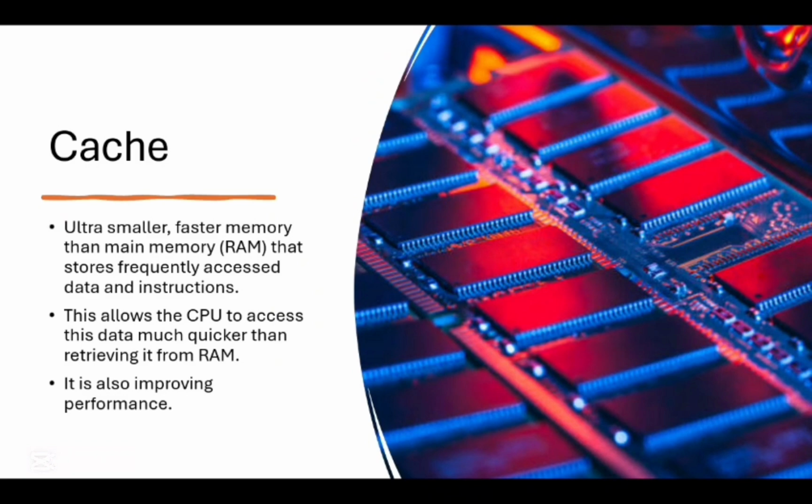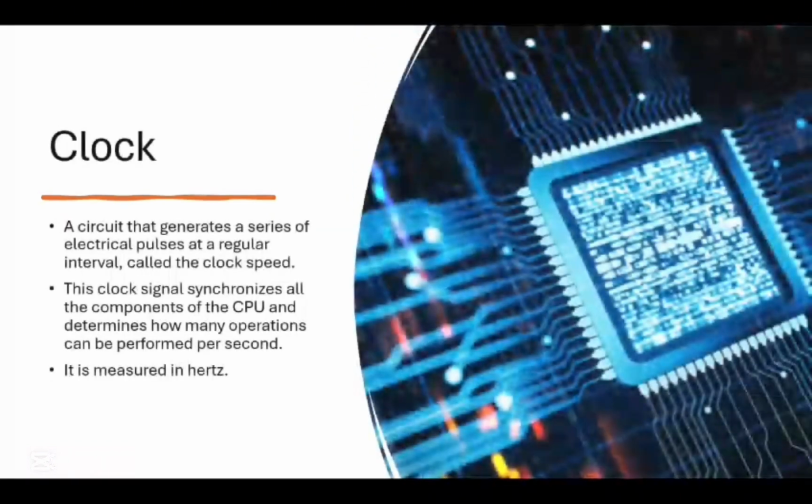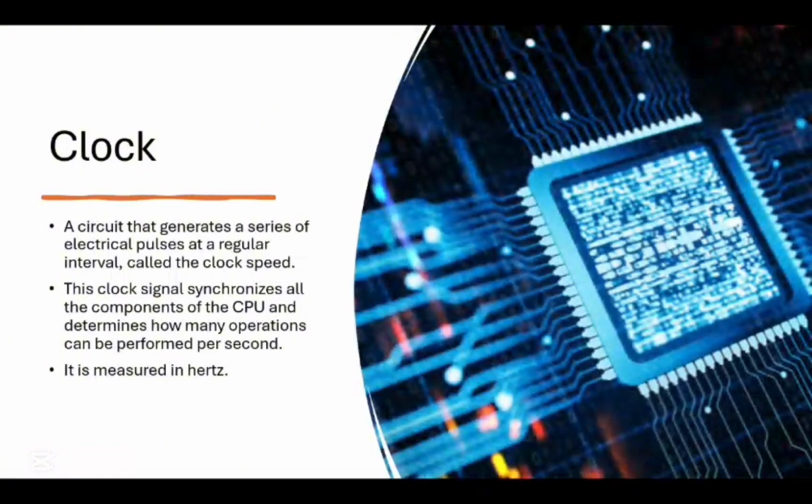The final internal component we will discuss is the clock. The clock is the circuit that generates a series of electronic pulses at regular intervals, which is known as the clock speed.